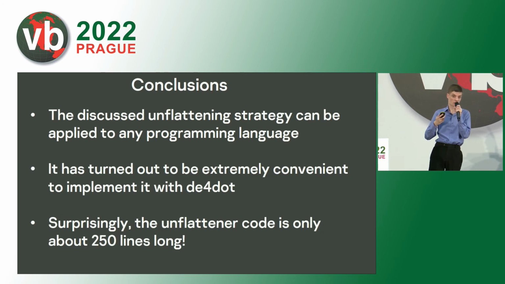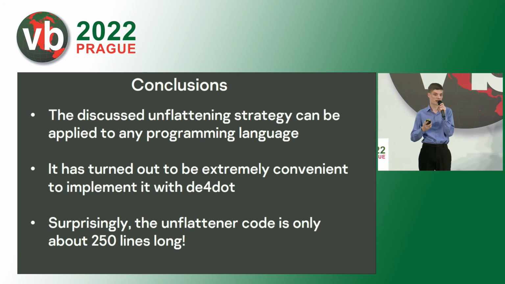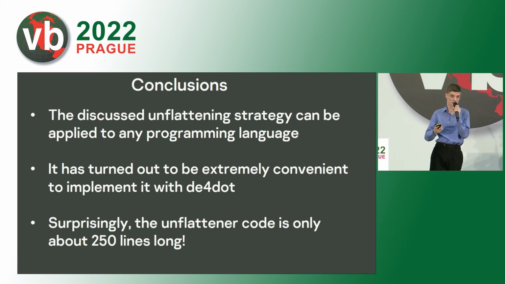And as for the strategy that we use today, it can be applied to any programming language. It's independent of a programming language. All you need is a way to extract execution order numbers, the execution order sequence. Then you have to match every number in the sequence to lines of code, and then reconnect those lines of code.